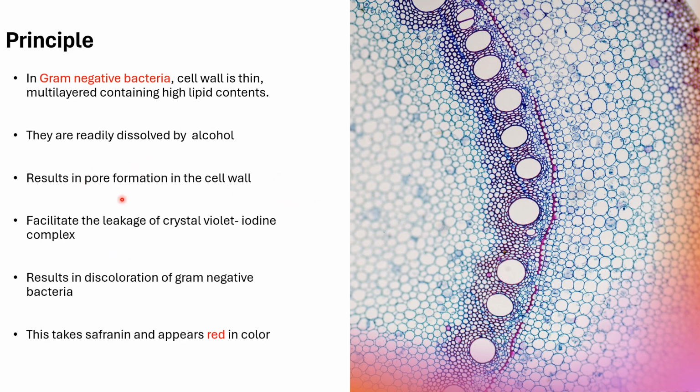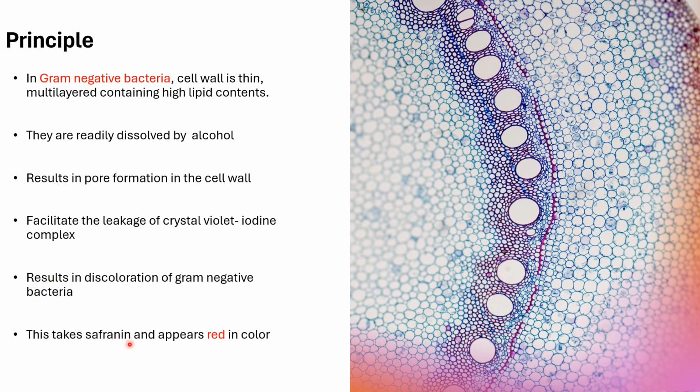This pore formation facilitates the leakage of the primary stain mordant complex, that is the crystal violet iodine complex, through the pore. And this results in decolorization of gram negative bacteria.